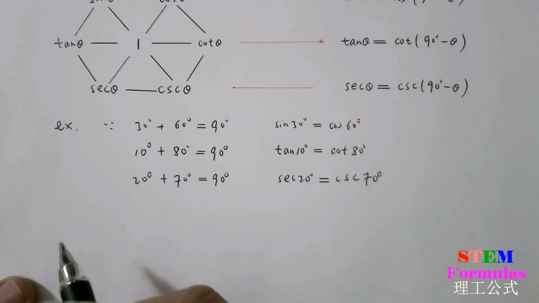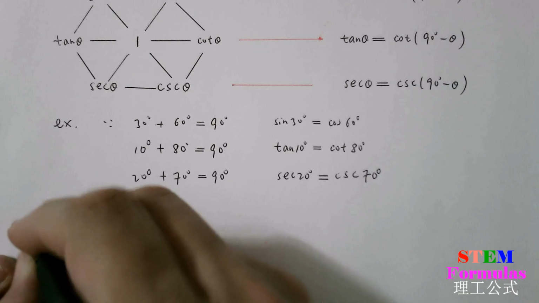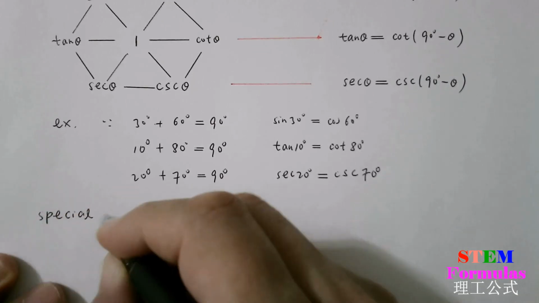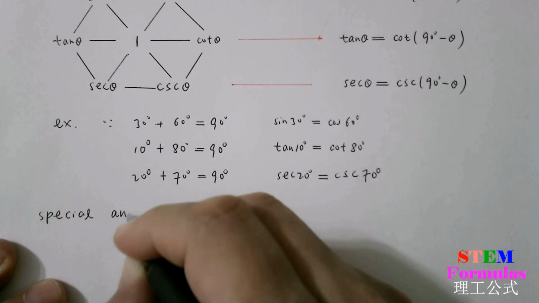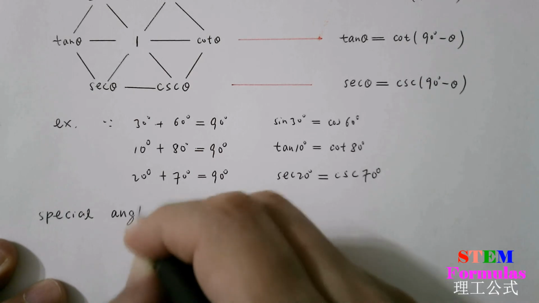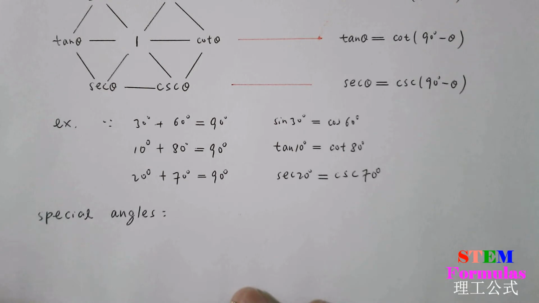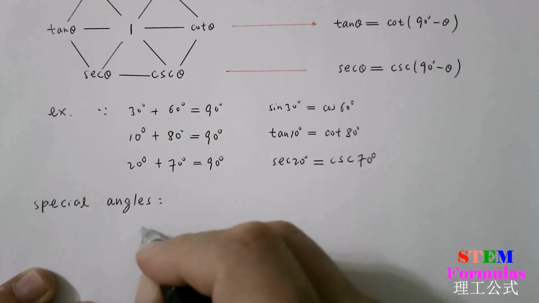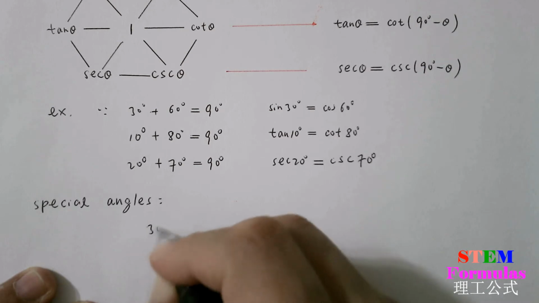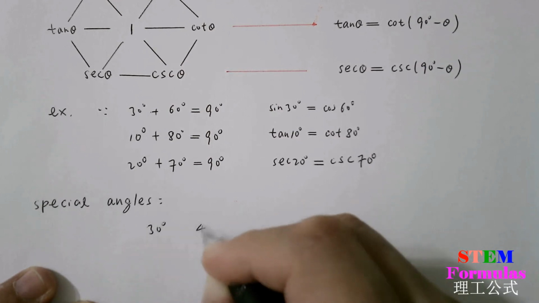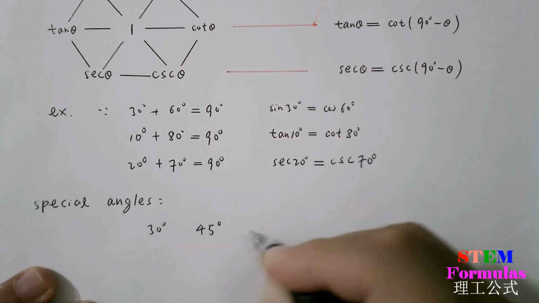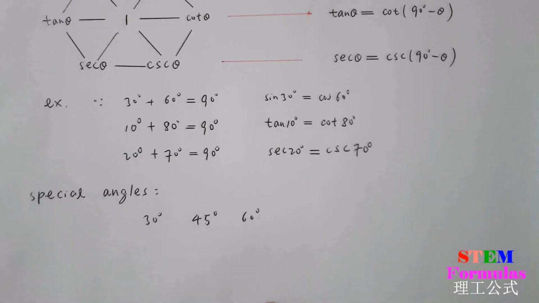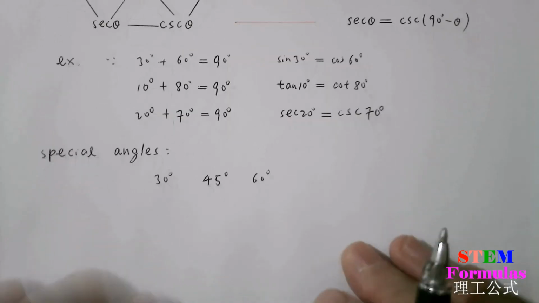For special angles, we have 30 degree, 45 degree, 60 degree. For these special angles, we have the following table.